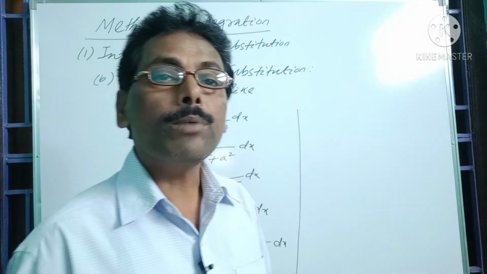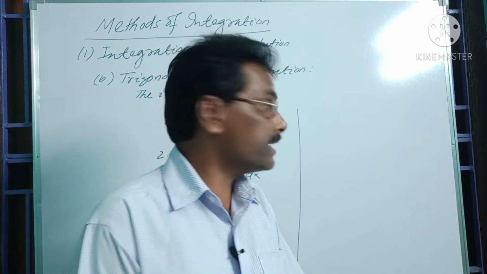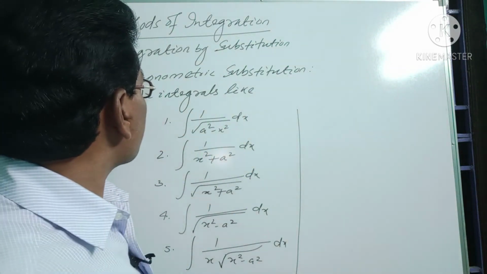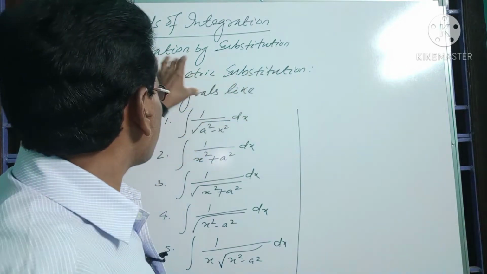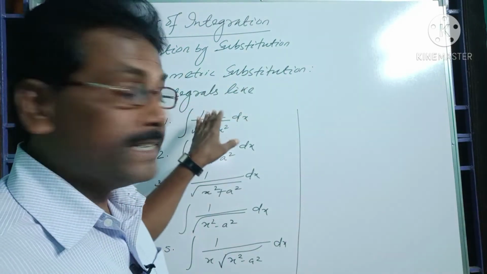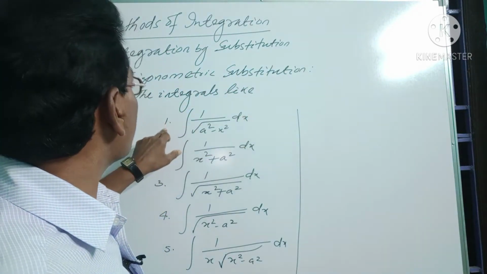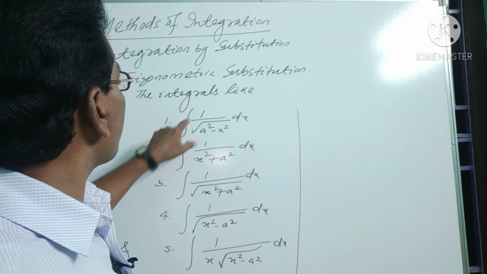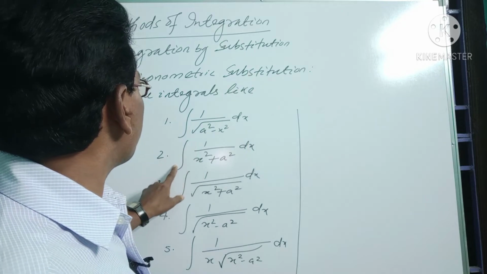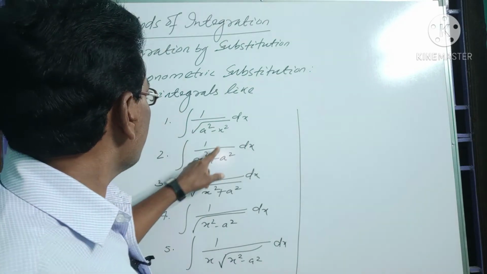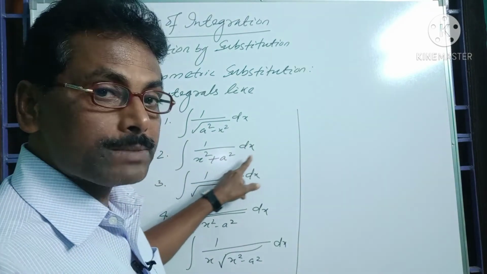But today, we have to discuss how to integrate by using trigonometric substitution in the process of integration by substitution. During that process, we may face integrals like, first, the integration of 1 by root of a square minus x square with respect to x. Second, the integration of 1 by root of x square plus a square with respect to x.